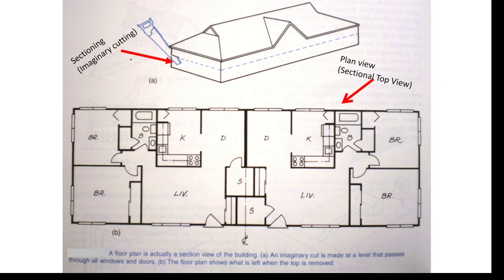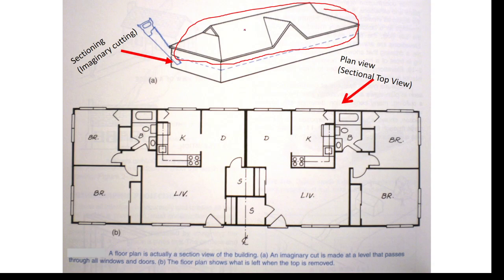Imagine a cutting plane cutting the building at a certain cross section. Remove the obstacle, the roof structure of the building, for visibility of the inside of the house.